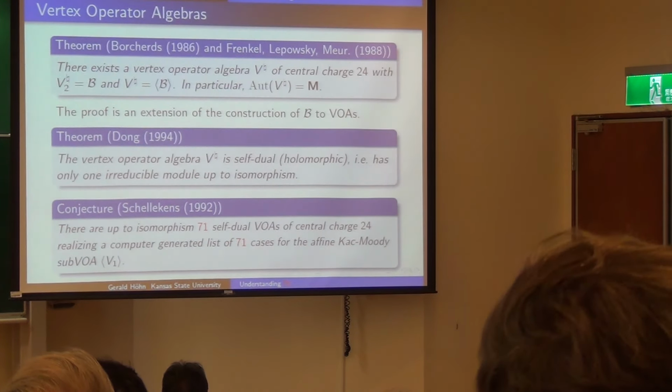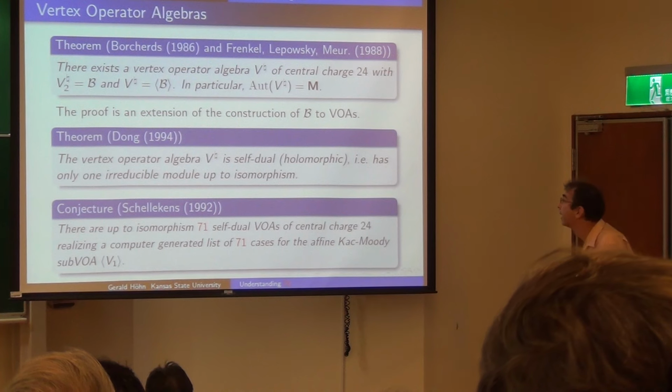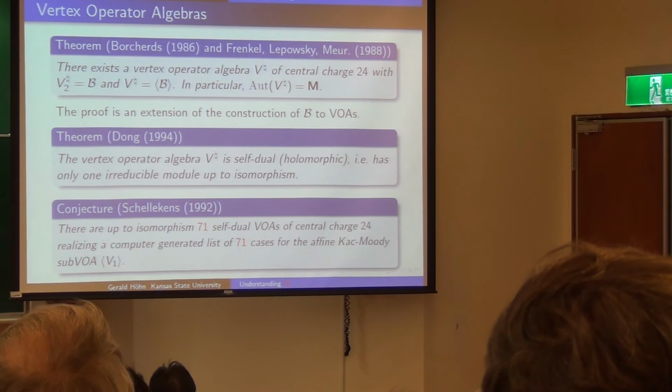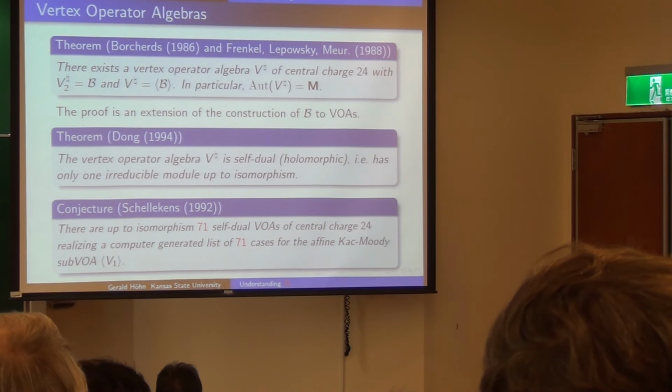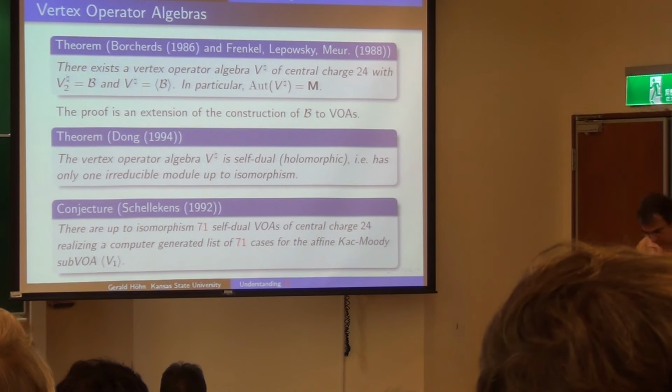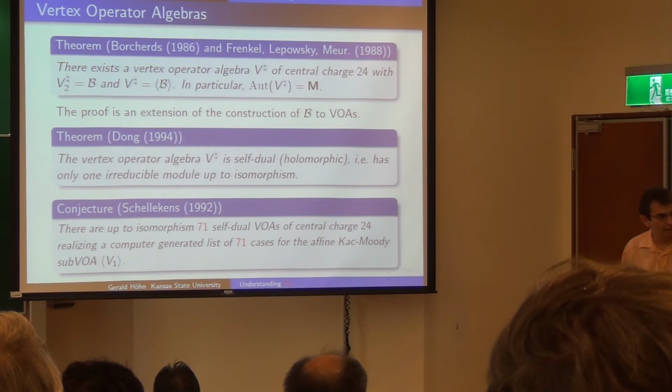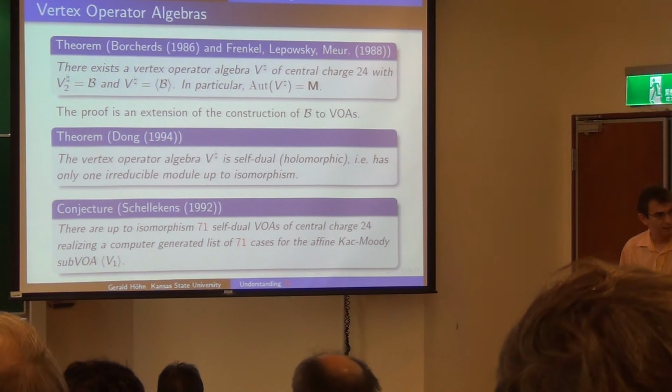Okay, now let's continue with vertex operator algebras. Yes, so we have up to conjugacy all of them; in fact, we're only doing it in the maximal subgroup 2^12 and 24, but this is the hardest calculation.